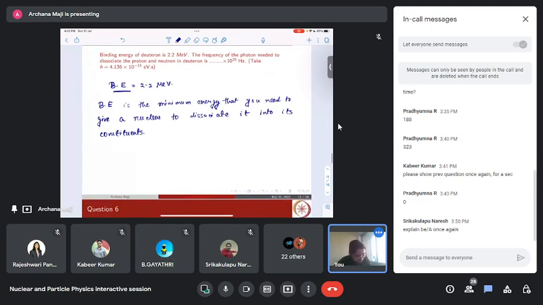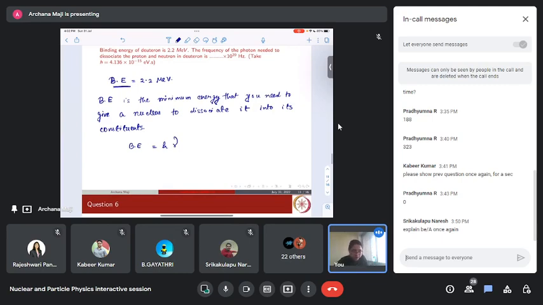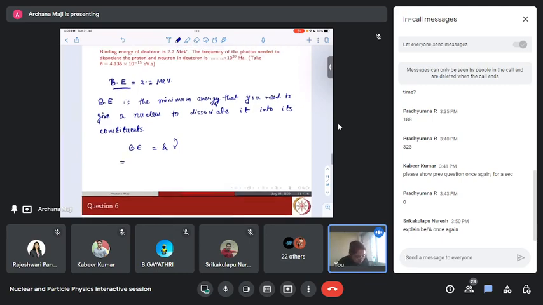So we want to know the frequency of the photon in order to dissociate the proton and neutron inside the deuteron. That means the energy of the photon should be equal to the binding energy. Now the energy of a photon is h times the frequency of the photon. So the frequency of the photon will be binding energy divided by h. Binding energy is 2.2 MeV.